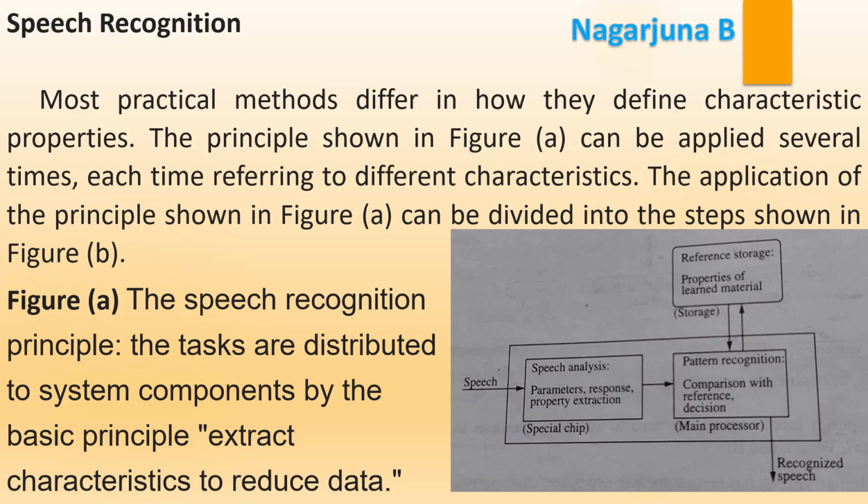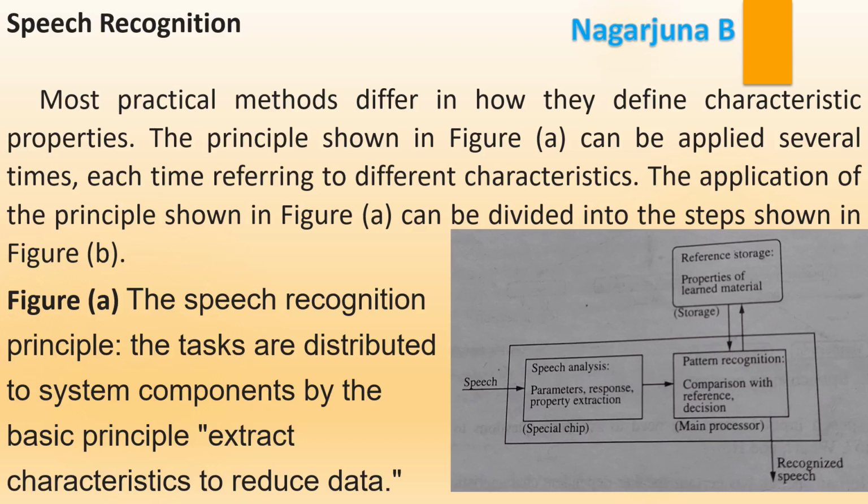The principle of recognizing speech, that is the speech recognition principle, has been represented in a diagram earlier. The same diagram has been displayed here, and according to this diagram you can observe that the speech recognition can be done several times.